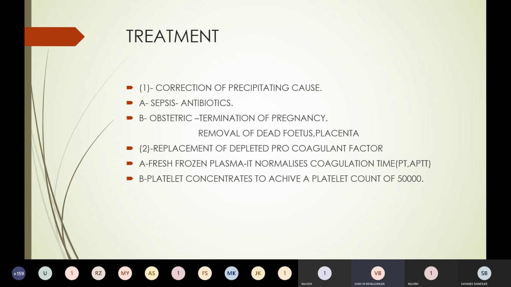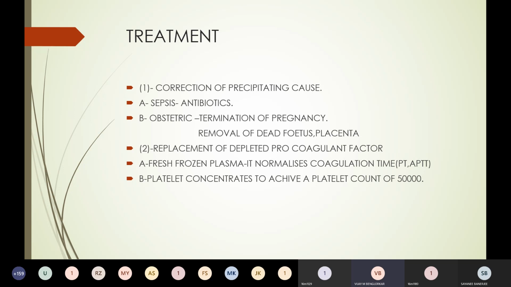Most common is sepsis, gram-positive sepsis or gram-negative sepsis, or an obstetric problem. Commonly, in that case, we need termination of pregnancy. If the fetus is dead, removal of the dead fetus. If the placenta is retained, remove the placenta from the uterus.